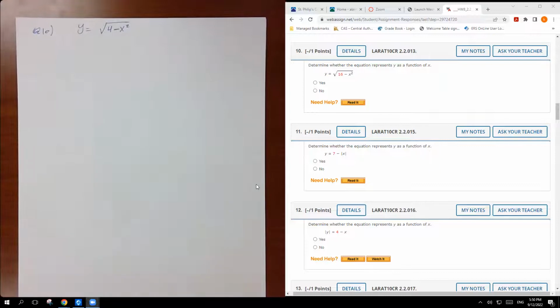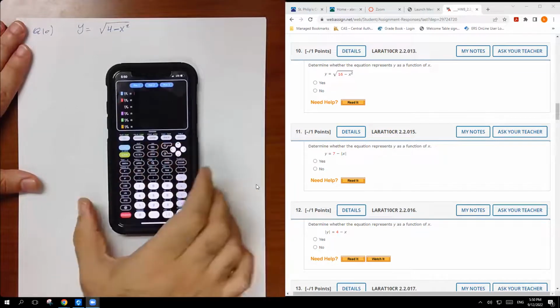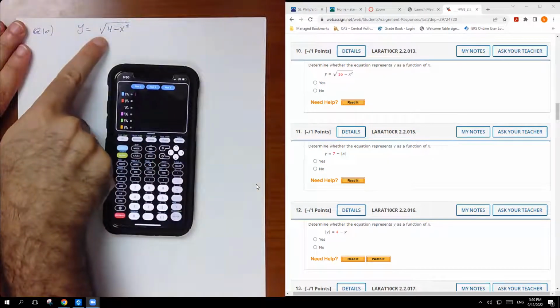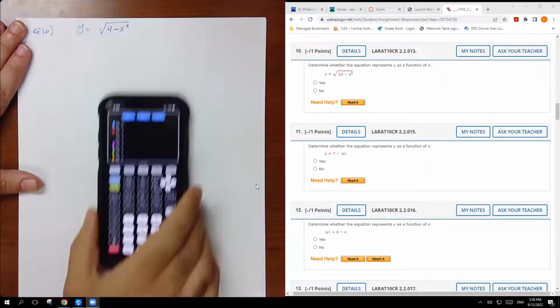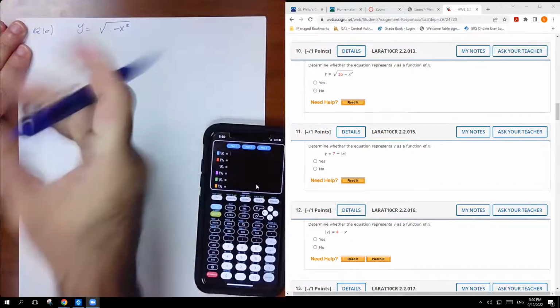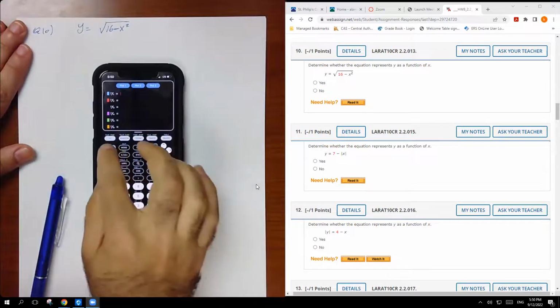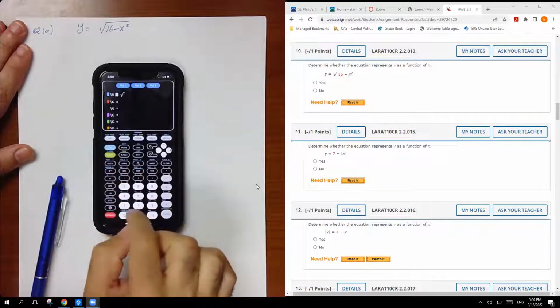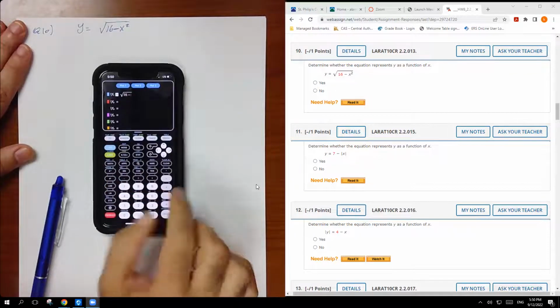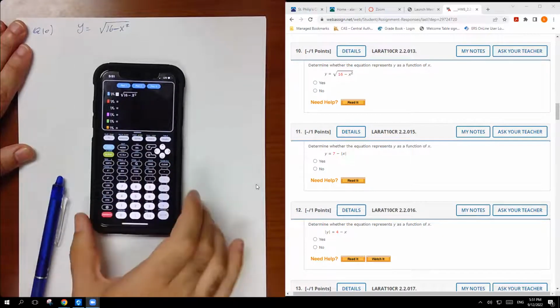If you graph this one by using the calculator, I'm going to clear this one. Y equals, the square root of, this is not 4, it's 16. So question 10 is 16 minus x squared. So it's going to be the square root of 16 minus x squared.